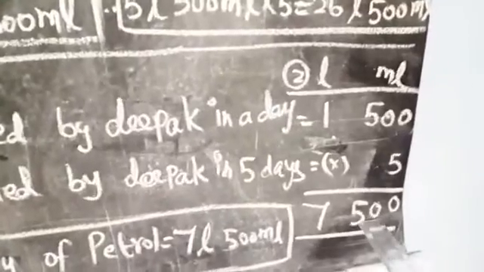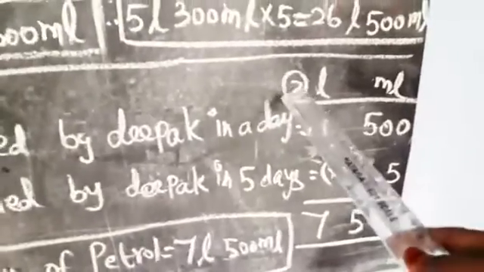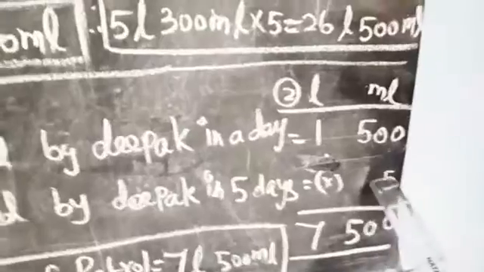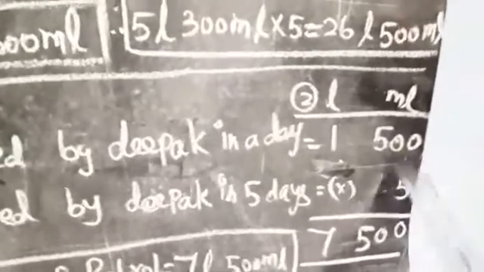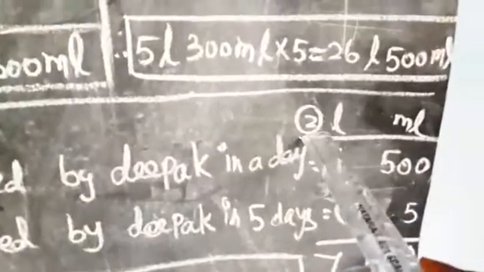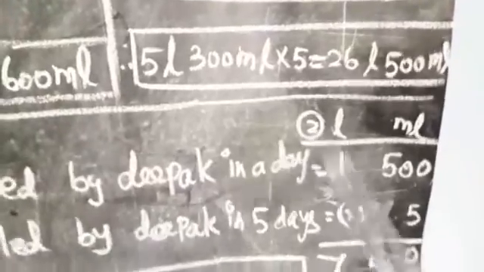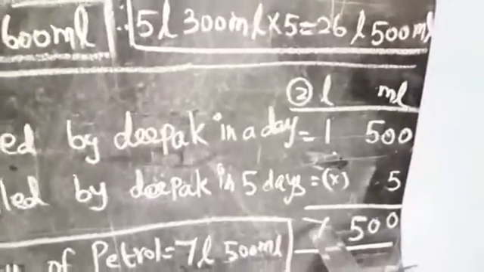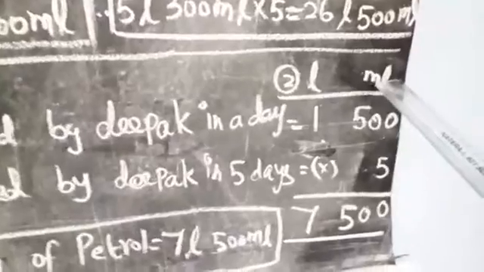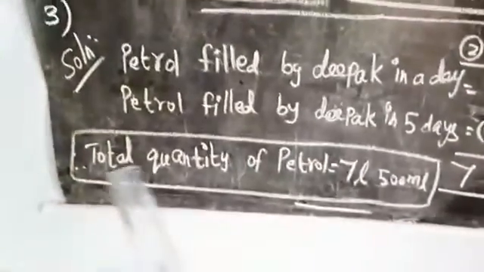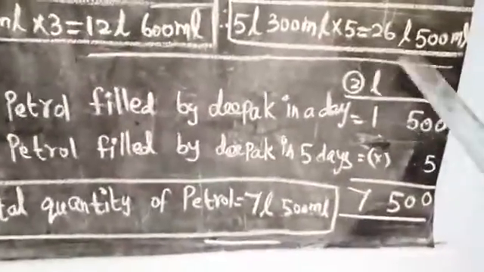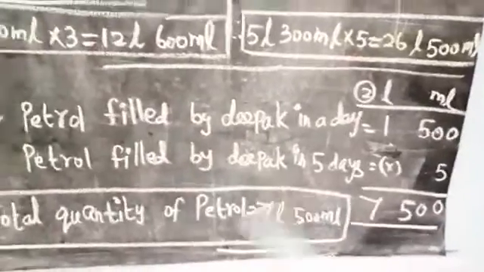So you have to write the number 5 in milliliter, 2 carrying over to liter. Then 1 5s are 5. 5 plus here 2 will be there, no. So 5 plus 2 is 7. Therefore 7 liter 500 milliliter. Total quantity of petrol is 7 liter 500 milliliter.